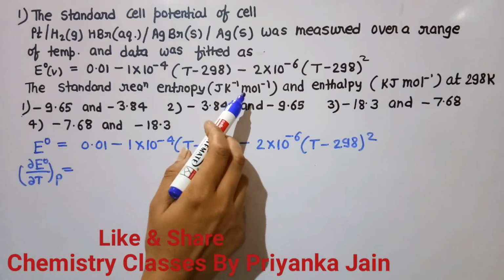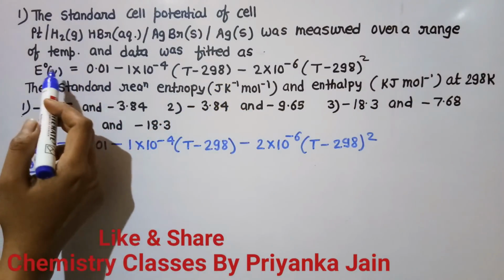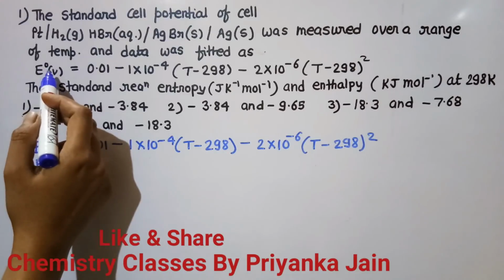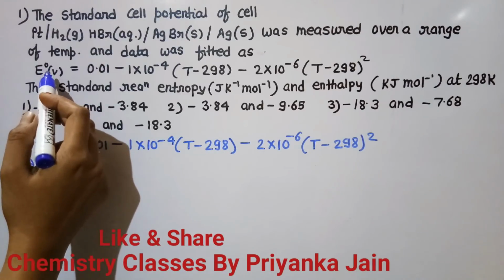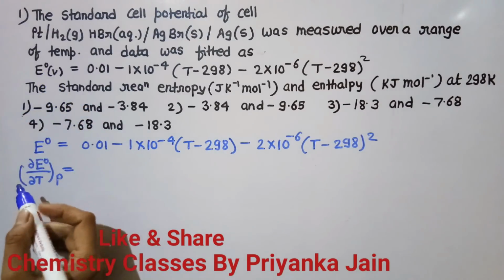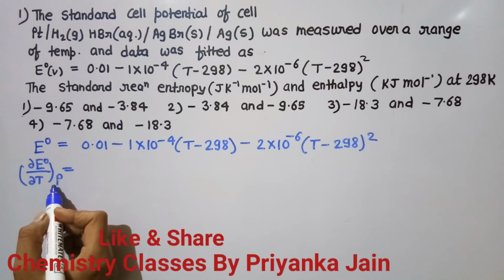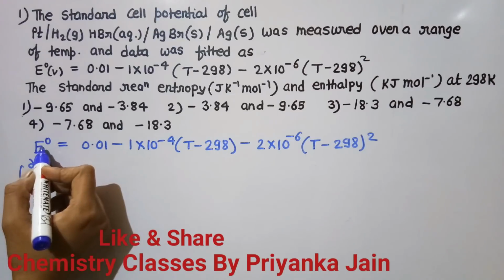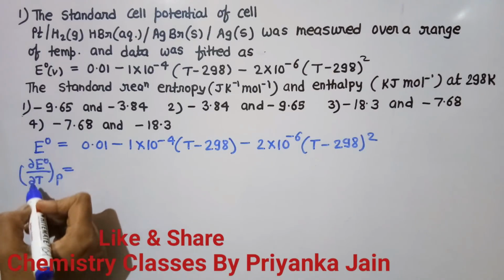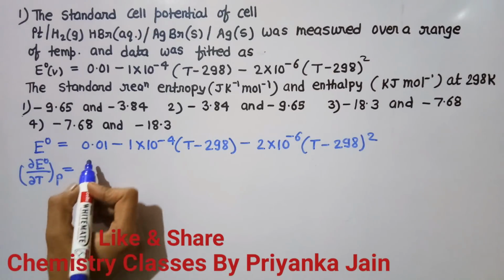For this formula, we should know the thermal coefficient of the EMF, that is, dou E naught upon dou T at constant pressure. For this, we will differentiate the standard EMF with respect to temperature at constant pressure.